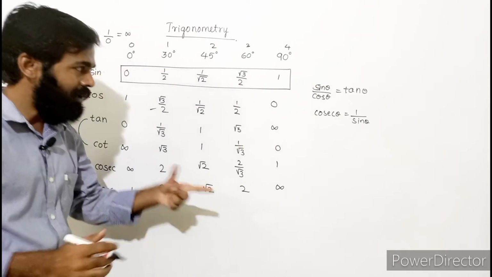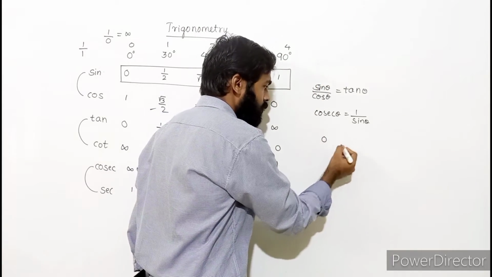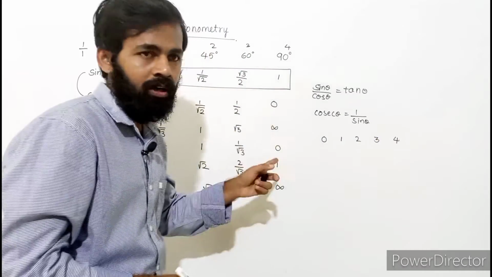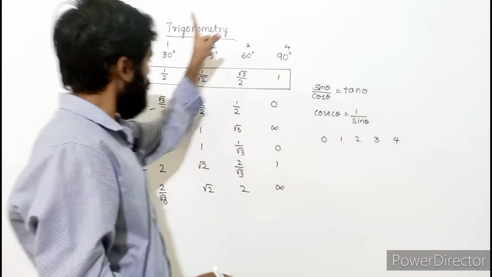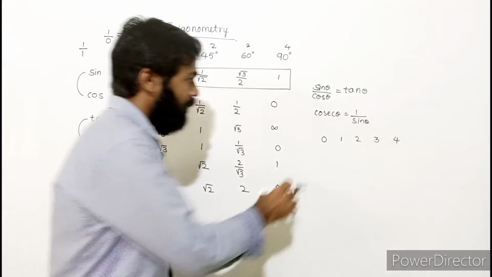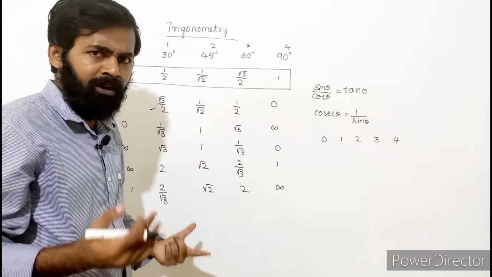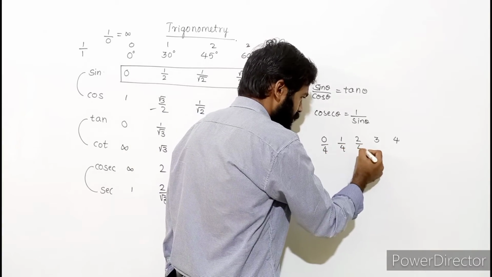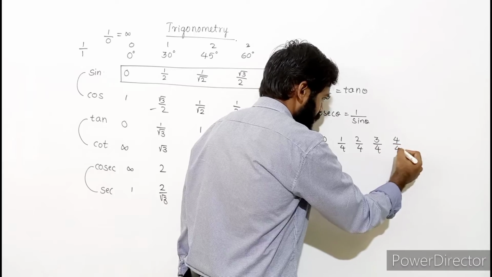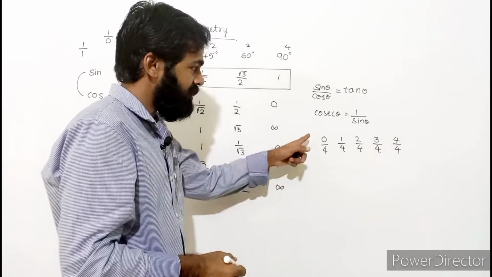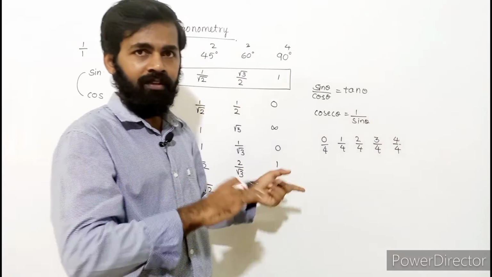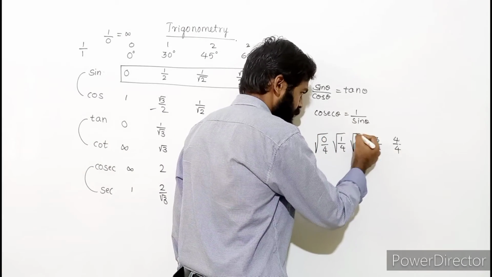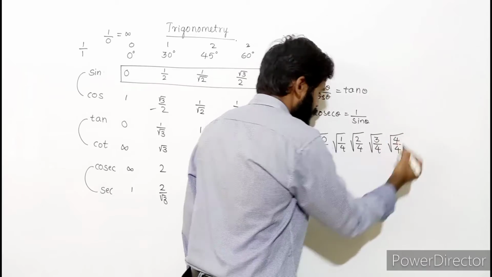To remember these values, for all of them, first divide by 4. Then take the square root for all of them. Now let's see what we get.